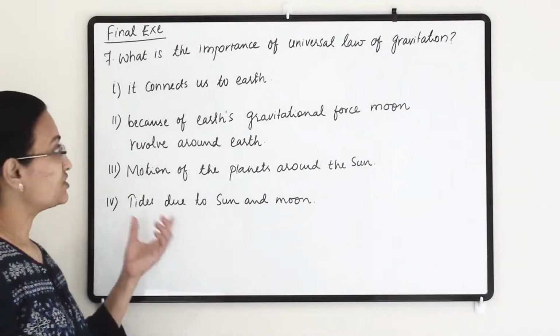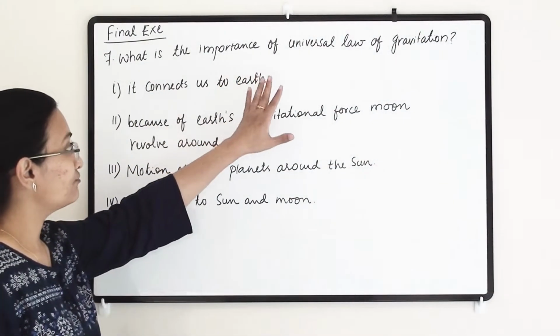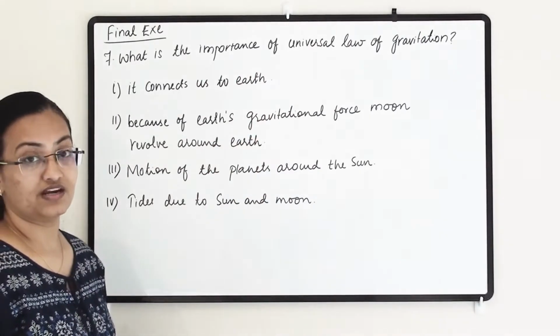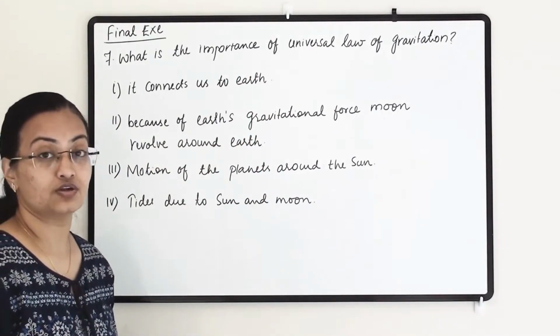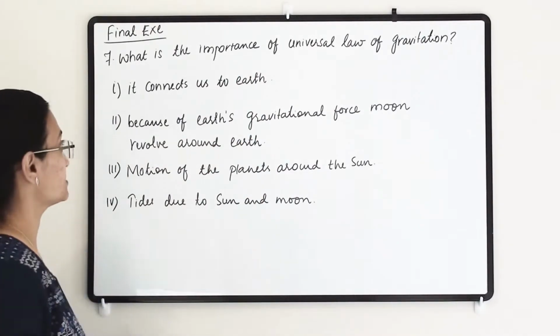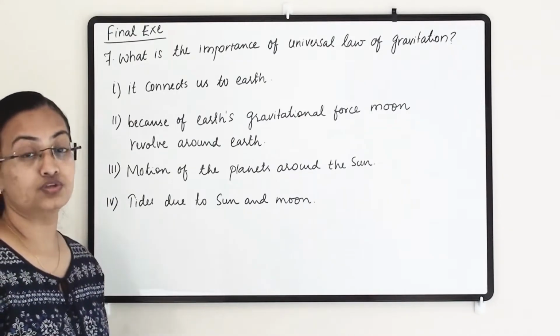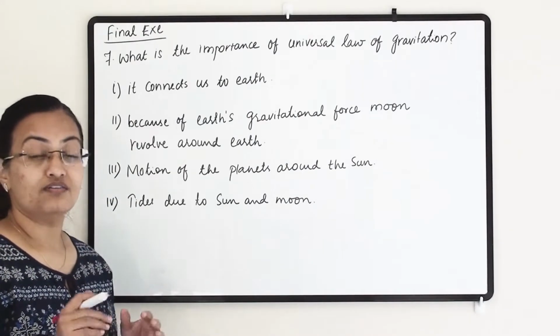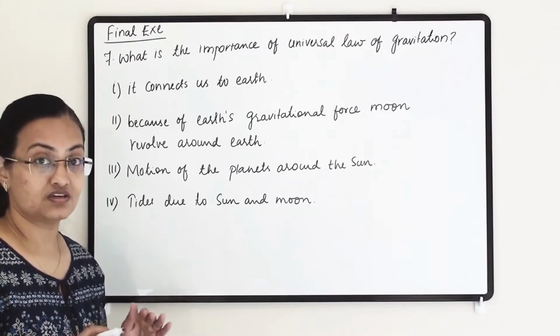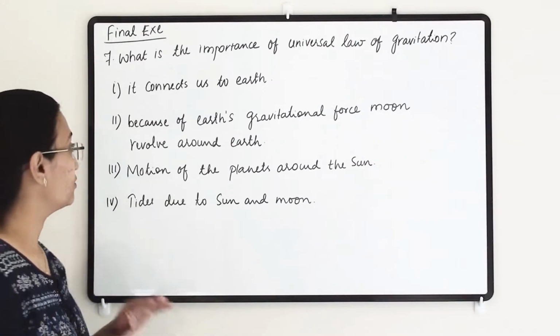Our seventh question is, what is the importance of the universal law of gravitation? That means where all this universal law of gravitation is helping us. So it connects us to the earth. Because of that, the whole ecosystem is surviving and we can stay on the earth.